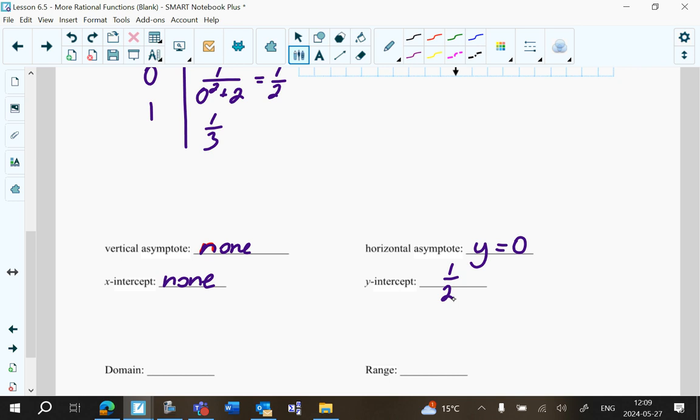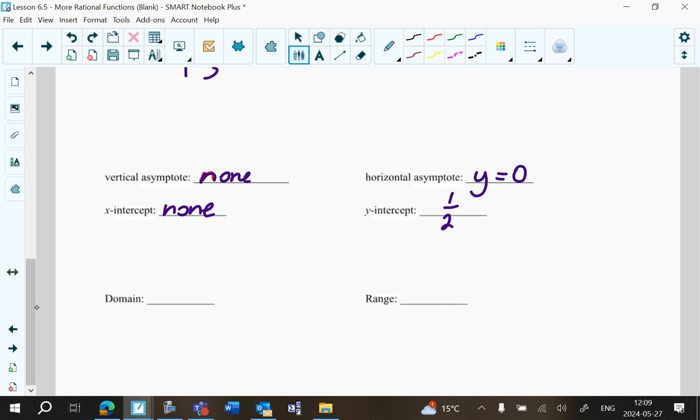What's the furthest left to right? Remember, there's no vertical asymptote. -infinity to +infinity. It's everything. The only time it's not everything is when there's vertical asymptotes. The range goes as low as, but doesn't include, 0.